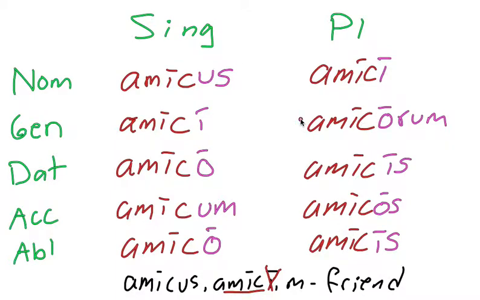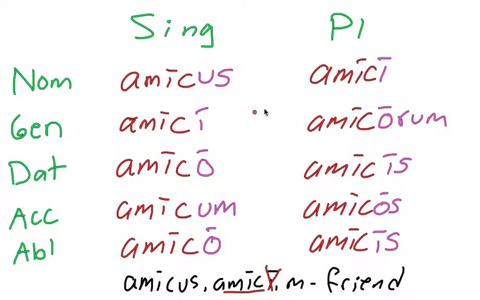Right off the bat we can make some observations about second declension. One of the first things you'll probably notice is that the dative and the ablative singular are the same form. That's not true of first declension. Another thing you might notice is that the genitive singular and the nominative plural are the same form, just like in first declension.